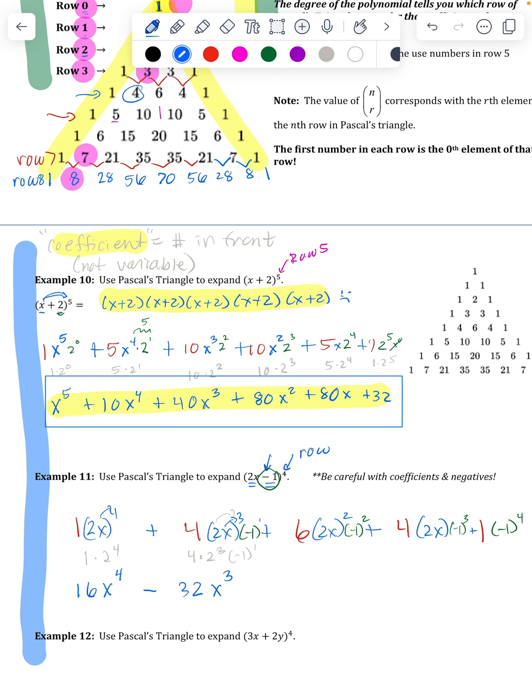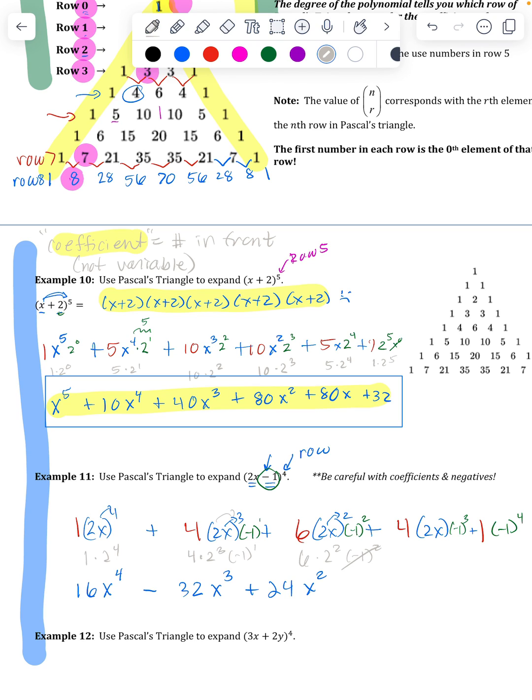Now, it doesn't stay negative, though, because if you look at this next one, the coefficients are going to be 6 times 2 to the 2nd and -1 to the 2nd. So it's going to alternate, because now my -1 is to an even power, and it's going to become positive. And so now I'm going to end up with just 6 times 2 to the 2nd power. And I get a positive 24x squared.